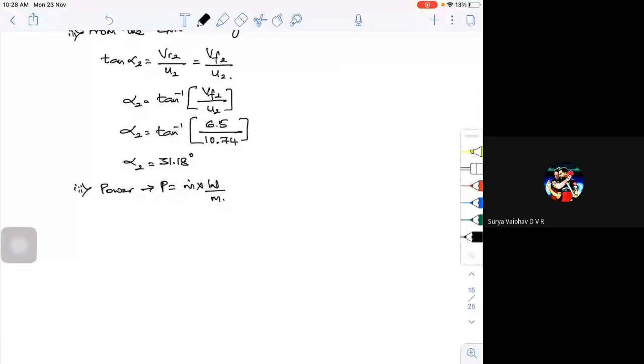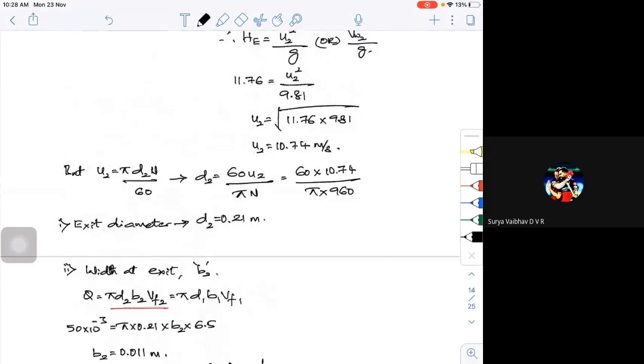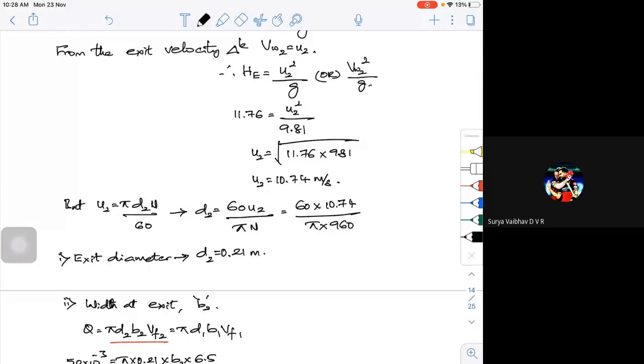Mass flow rate is equal to rho into Q. Rho is equal to 1000 for water, into the discharge, which is 50 into 10 to the power of minus 3. I am getting my mass flow rate as 50 kg per second. Now power is equal to this 50 into W by M. Actually this is the Euler head, U2 square by G, but the Euler energy is only U2 square, because VW2 is equal to U2.